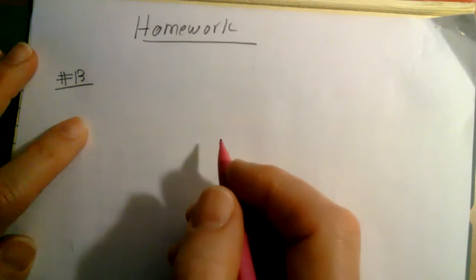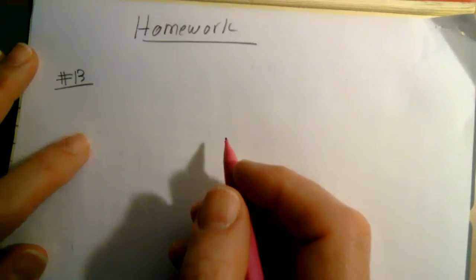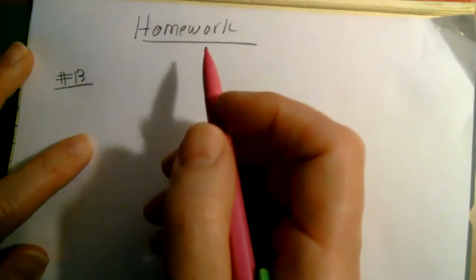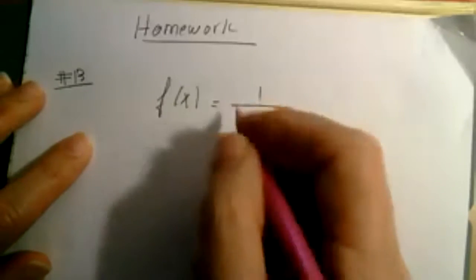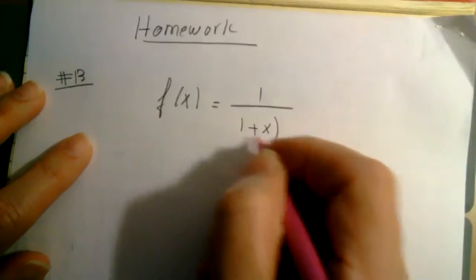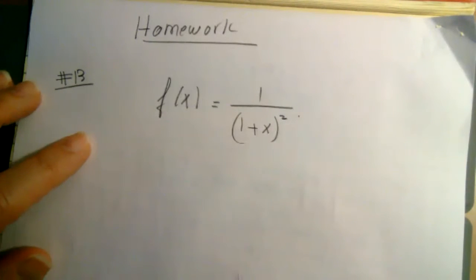The question is: use differentiation to find a power series representation of the function f of x equals 1 over 1 plus x to the power 2.